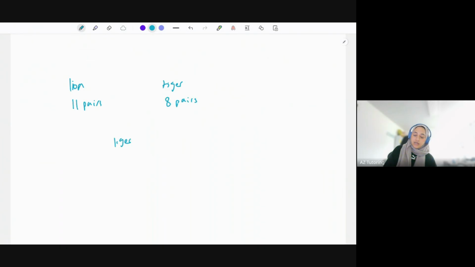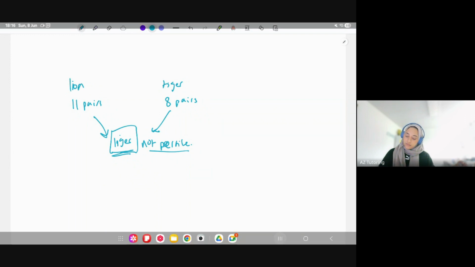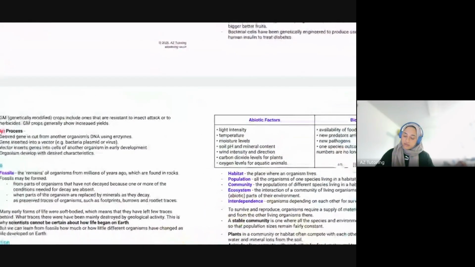If you then form a liger, so you've actually selectively bred them together to get their characteristics, this will not be fertile because it's got 11 from there and it's got 8 from there. So who is it going to mate with to then produce offspring? So just remember that if you combine 2 different species, they're not going to be fertile. I've seen that in a past exam paper as well.